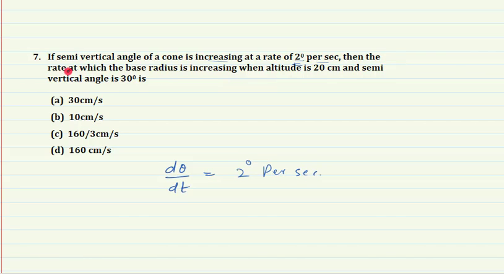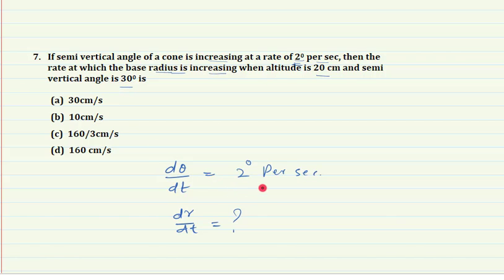Then we need to calculate the rate at which the base radius is increasing. Let r be the radius, means we need to calculate dr by dt. This is given and this we need to calculate, when altitude is 20 centimeter and semi-vertical angle becomes 30 degree.